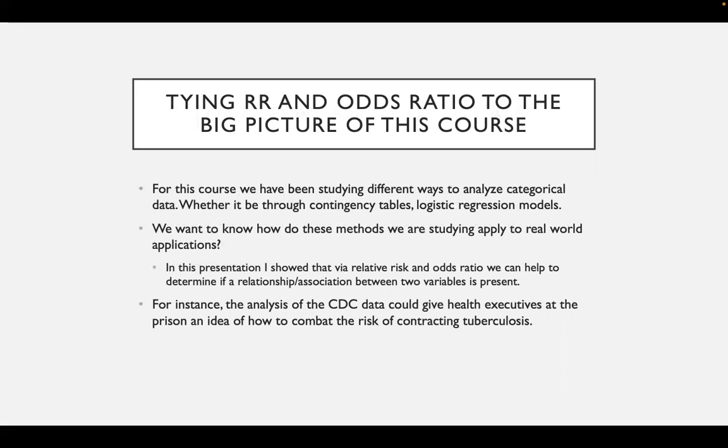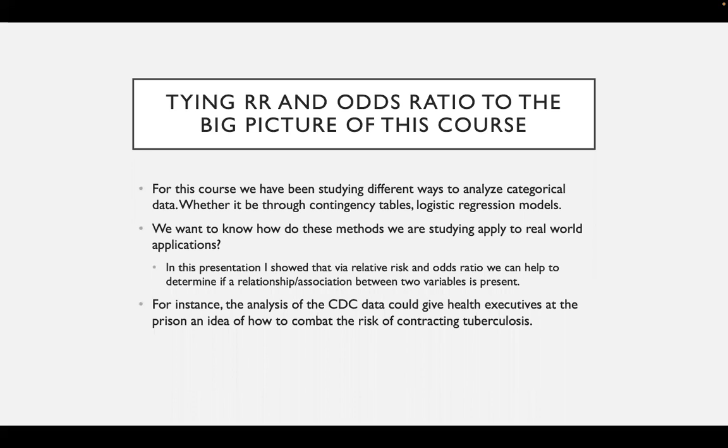In this presentation, I showed that via relative risk and odds ratio, we can help to determine if a relationship or association between two variables is present. In this case, we looked at tuberculosis infections and whether there was an association between those and the wing in which the prisoners were housed. And obviously, we saw there was a relationship there.